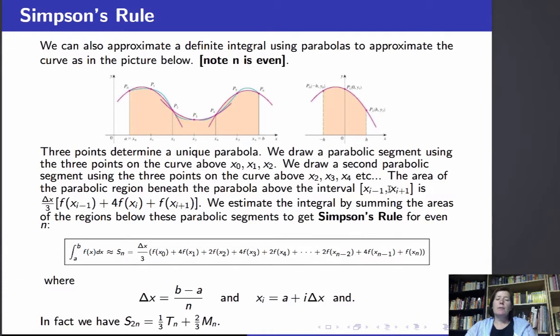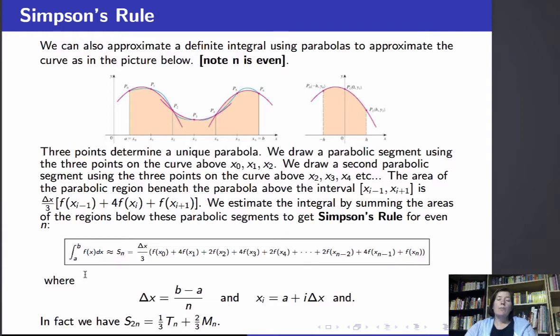The general formula is that the area beneath the parabola sitting above x i minus 1, x i, x i plus 1 is delta x over 3 times f of x i minus 1 plus 4 times f of x i plus f of x i plus 1. And we estimate our definite integral from a to b of f of x dx by summing the areas beneath these parabolic segments. This is called Simpson's Rule.